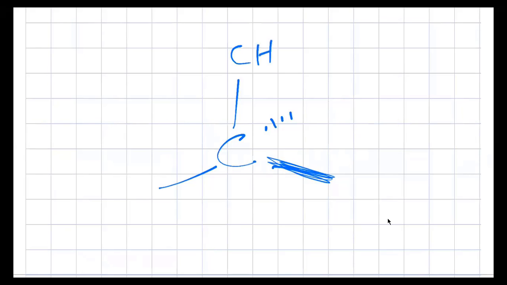So let me give you an example. So here's a carbon, right? I'm just going to do a generic. Let's put a CH3 here, H, Br, and then OH, right? So this is a typical tetrahedral carbon.